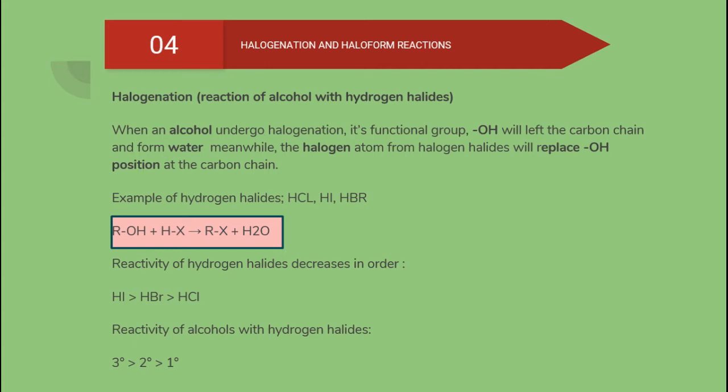The least reactive is hydrochloric acid. From the alcohol side, the third degree alcohol is more reactive toward hydrogen halides compared to the second degree and the first degree alcohol.